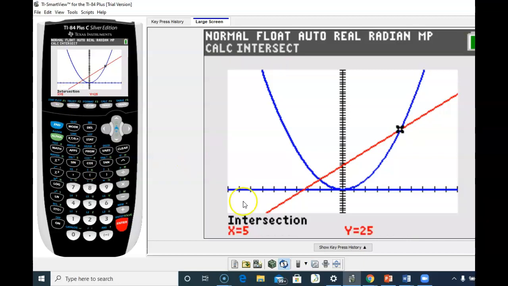Okay, and so I actually was right on that. So my point of intersection would be 5. So in looking at this, it looks like the parabola is less than the line from -2 to 5. So my interval would be a bracket, -2 comma 5, and another bracket on that.